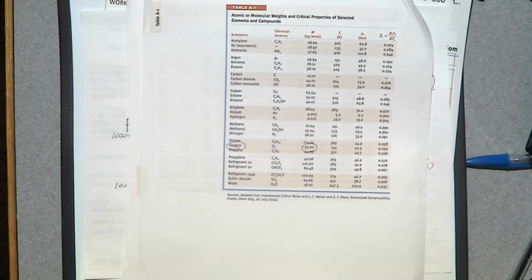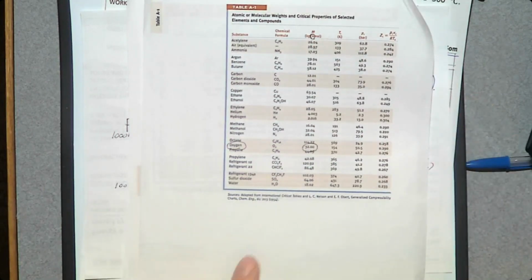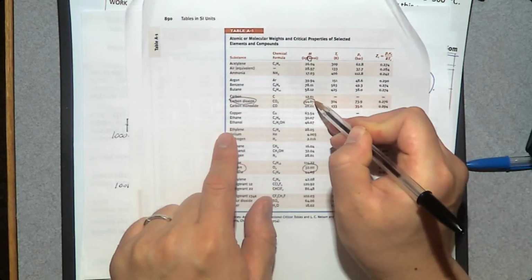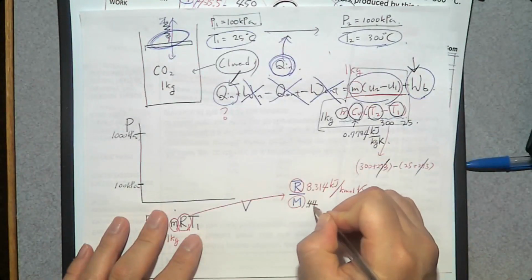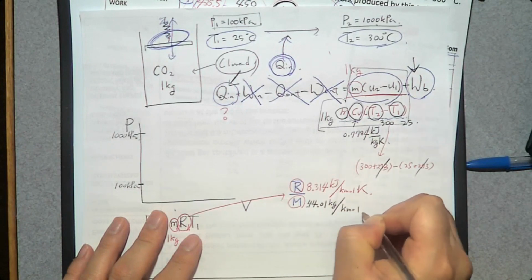It is the mass of a substance whose number of molecules is 6.022 times 10 to 23, or 10 to 26 because we have a kilomole. So, that's oxygen. Carbon dioxide, 44.01. Back here. 44.01 kilogram per kilomole.